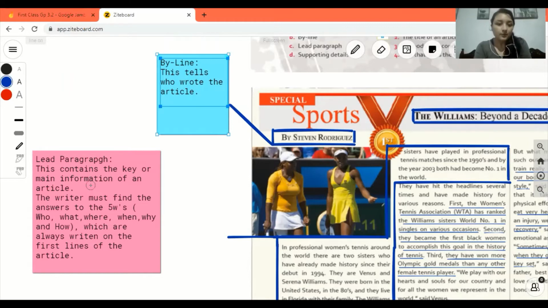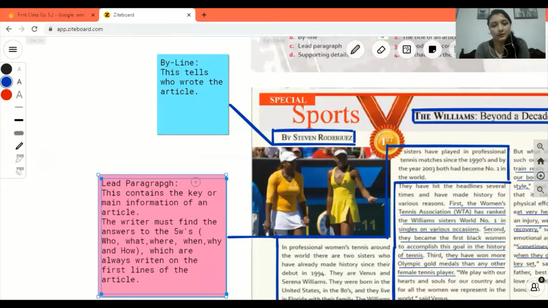Who is about who is in the article, what happened, where it happened, when it happened, why it happened, and how it happened. It is always written in the first lines of an article, in the first paragraph.